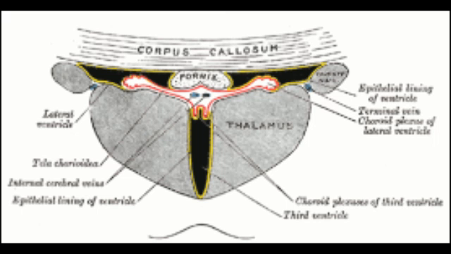The ventricles contained within the rhombencephalon become the fourth ventricle, and the ventricles contained within the mesencephalon become the aqueduct of Sylvius.